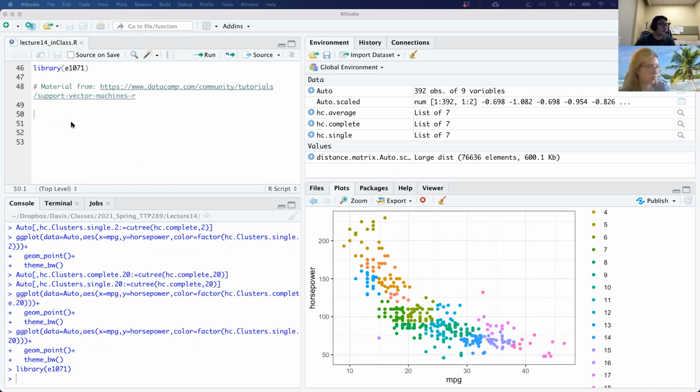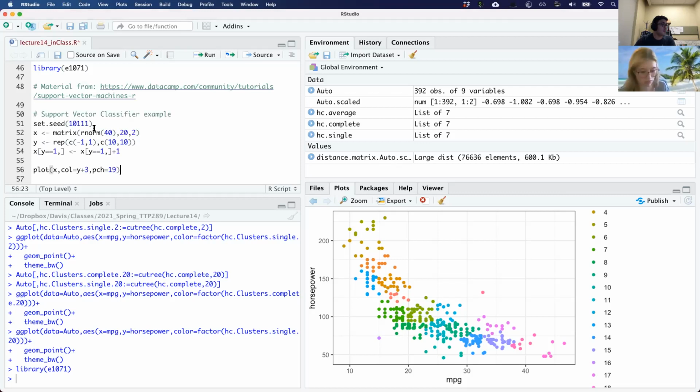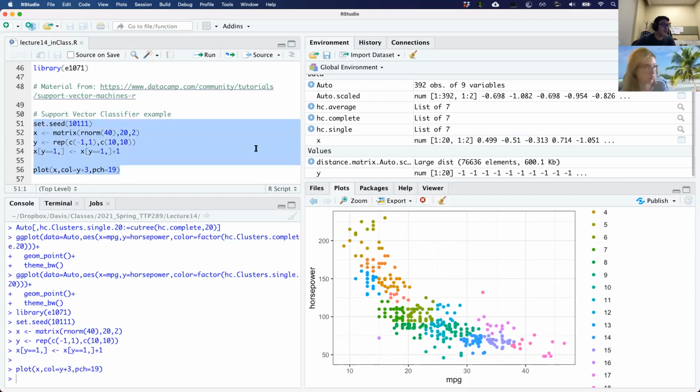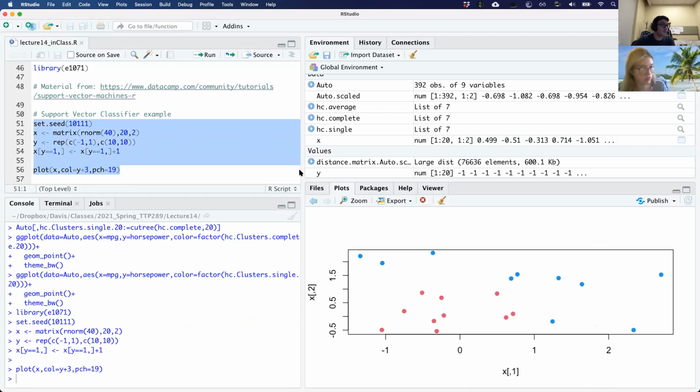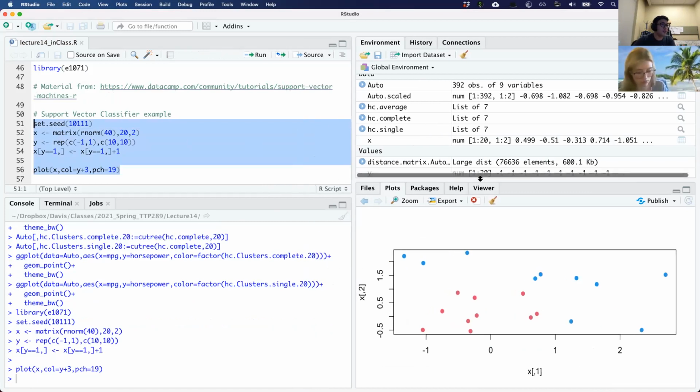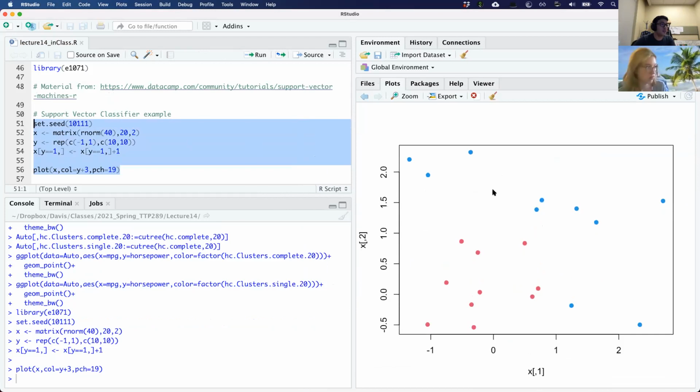So let's take a look at the SVC first. So folks can actually follow along, even though we're doing some random draws here, it's going to be set to a seed, which allows you to pick a specific set of draws. And let's just look at this plot to see what's going on.